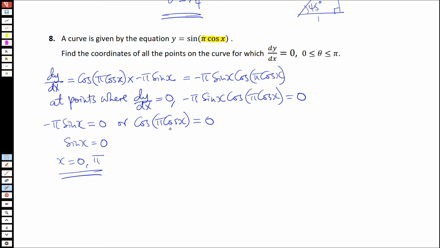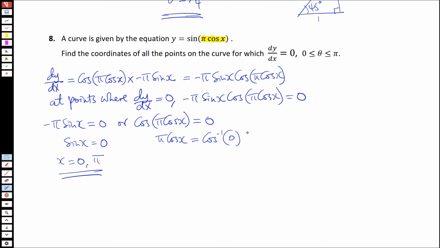And in this case here, we have cosine of this is equal to 0. Which means pi cos x will be equal to the inverse of cos, or arc cos 0.